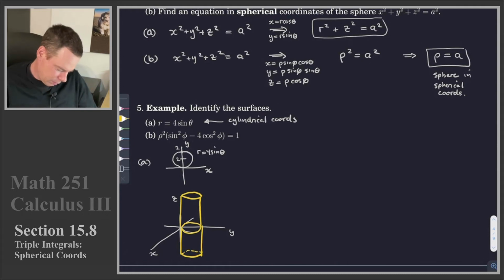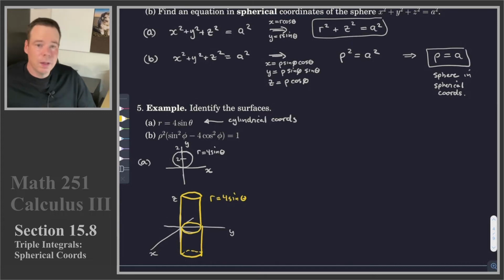And so this is our cylinder, r is equal to 4 sine theta. Now you may ask, how did I know that it was a circle shifted up 2 units with radius 2? One way is that we've worked with polar coordinates in previous classes, and we can identify these kinds of curves as giving us certain shapes. Circles are defined by equations like this in polar coordinates, at least circles that have been shifted away from being centered at the origin.